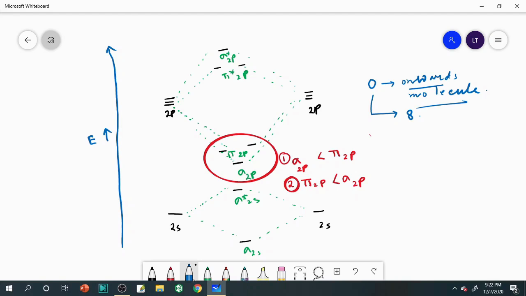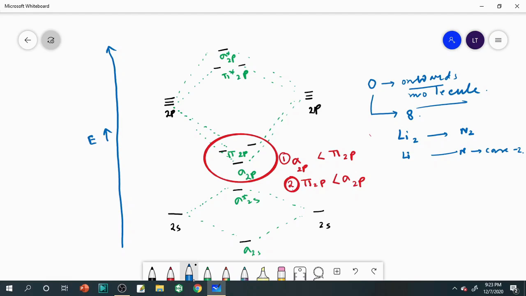But in case of molecules consisting of atoms having atomic number lower than 8, that is from lithium to nitrogen diatomic species, with atomic number lower than oxygen, this case 2 type energy level diagram is followed.